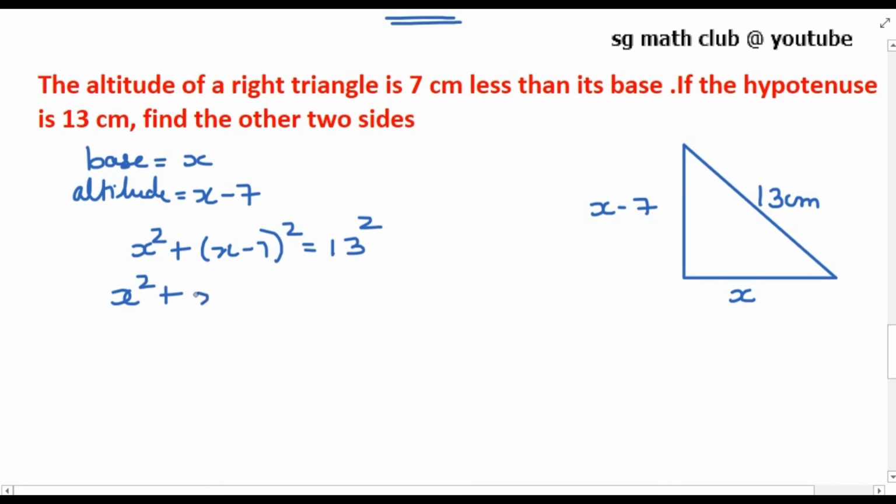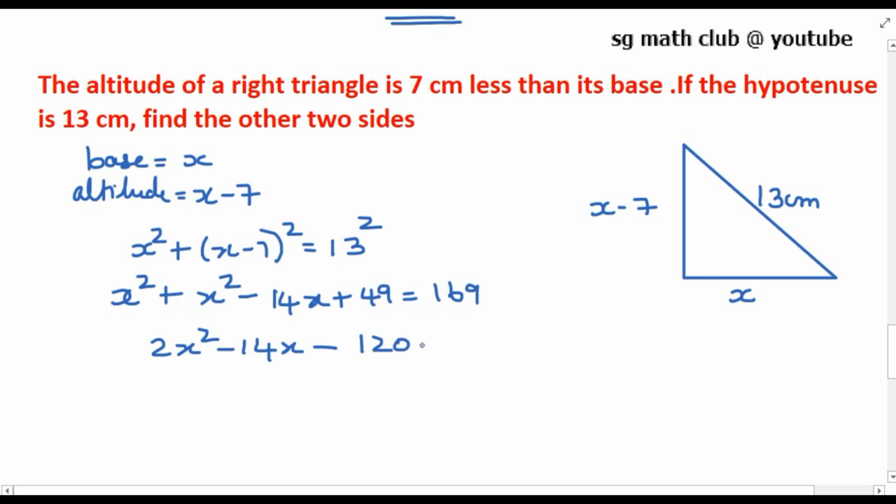x square plus, when you open the bracket using the identity a minus b the whole square, I have a square minus 2ab plus b square. So 2x square minus 14x plus 49 minus 169 is minus 120 equal to 0. You can again simplify this, which is equal to x square minus 7x minus 60 equal to 0.